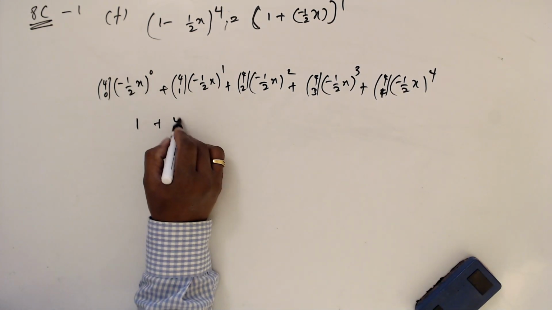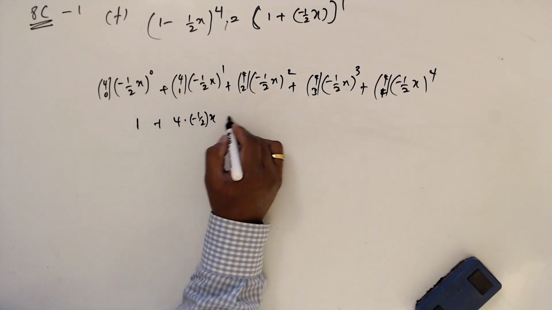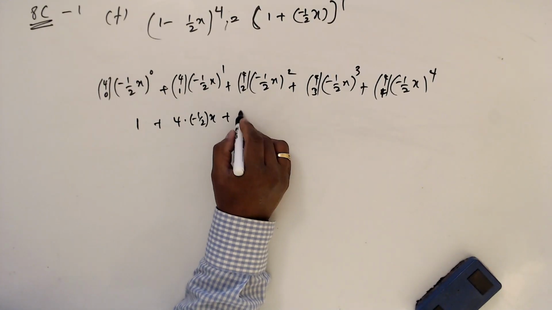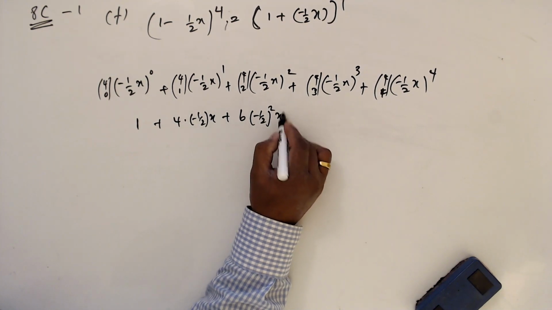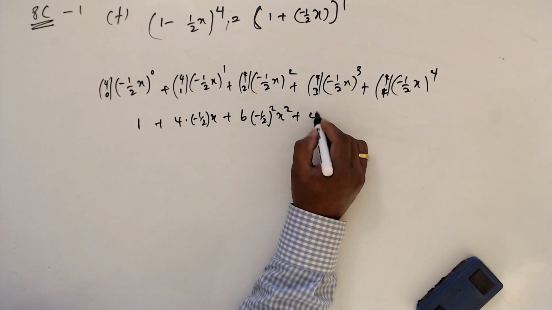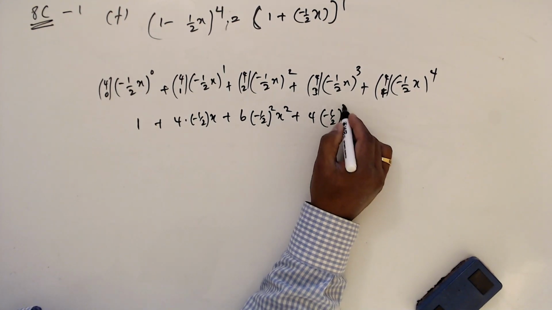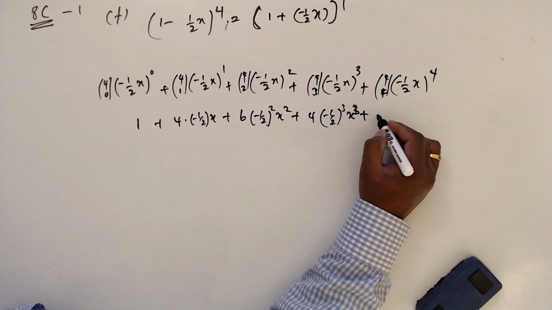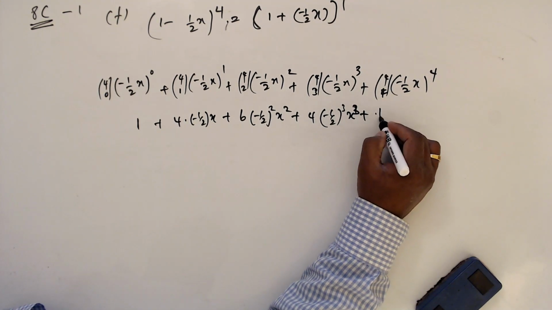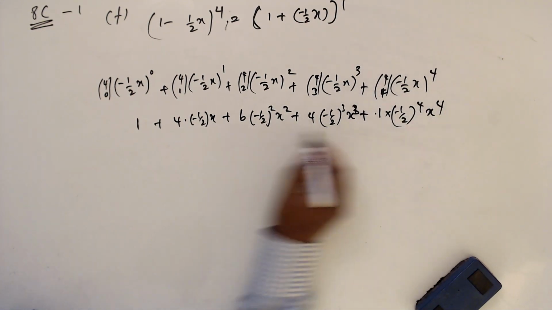This is 4 times minus half x, plus this is going to be 6 times minus half squared x squared. Then this is going to be 4 times minus half cubed x cubed, and this is going to be 1 times minus half to the 4 x to the 4.